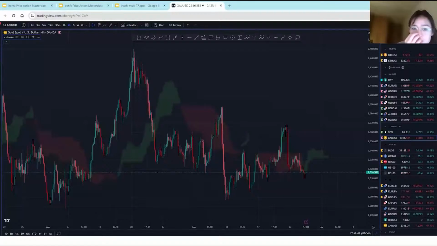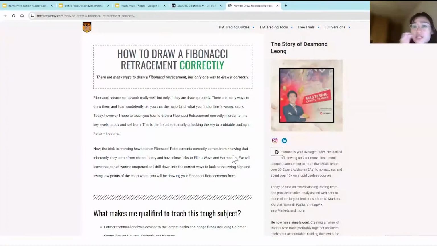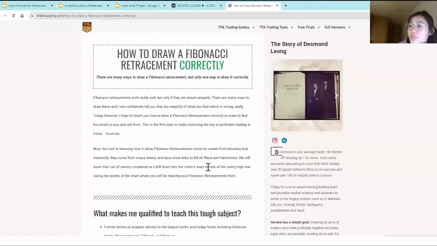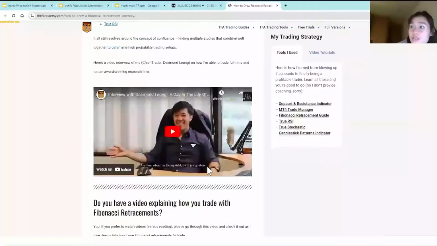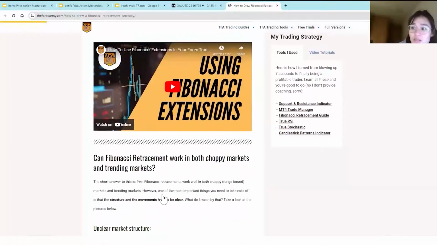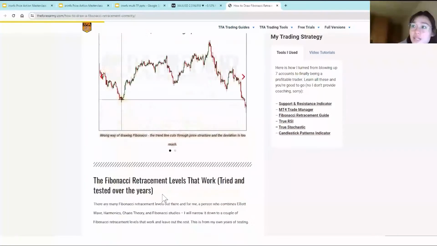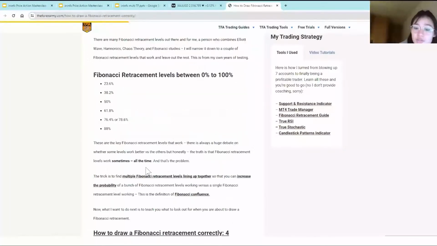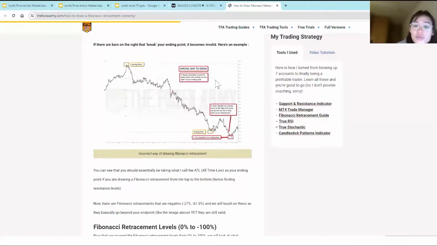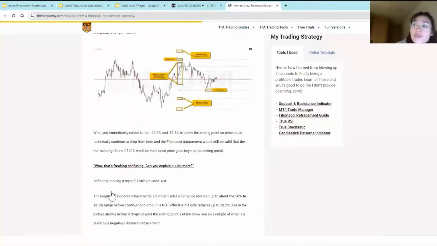For Fibonacci, which I didn't really have time to talk about in depth today, but I did mention it in our price action, you can take a look at this website. It's a free website to use, forexarmy.com. You can look at some free videos that we have on YouTube on retracements, extensions, some guidelines: what are the different levels that we use, how to use them, how to draw them so that they're valid, how to avoid invalid levels, negative levels as well.